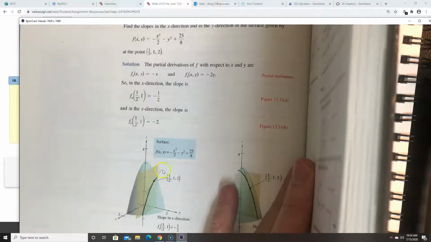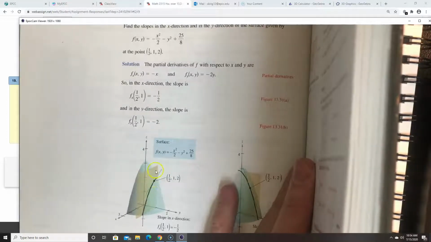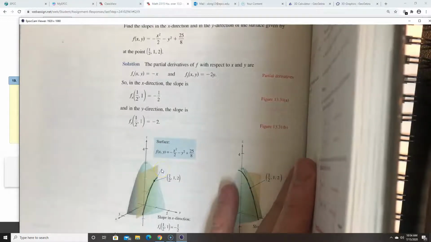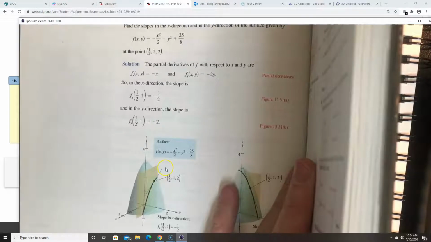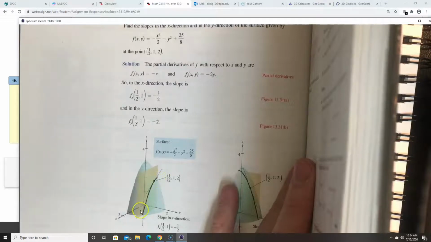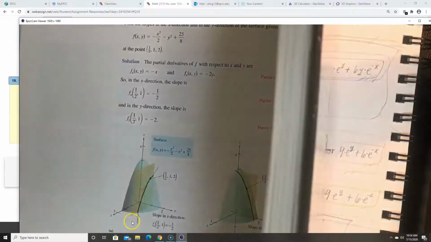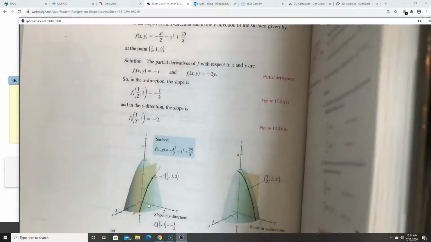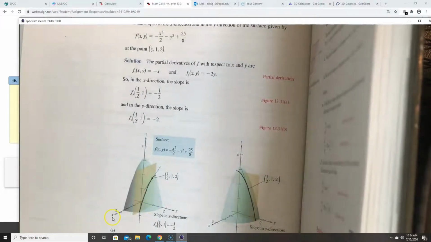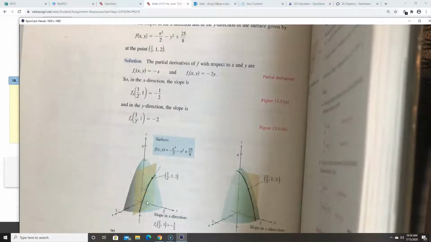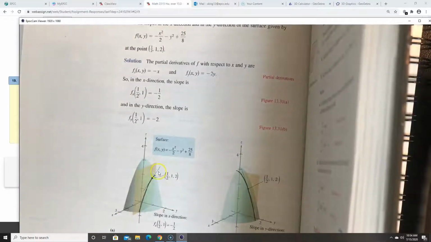If you take a point on the surface and draw a tangent line, there are all kinds of tangent lines, but the tangent line to this point that is in the direction of the x-axis is not aligned right down here on the x y coordinate plane. That would be parallel to the x-axis, but it's in the same direction.